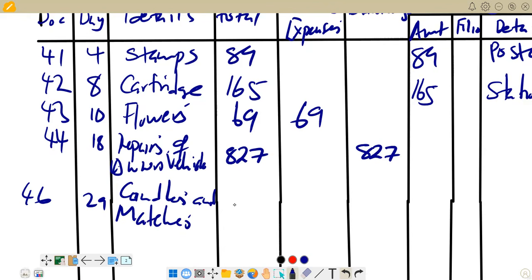And then the amount that we have there is 129. And we are saying these are sundry. So this is the column that we have for sundry. And then we can go and see the next item that we have.